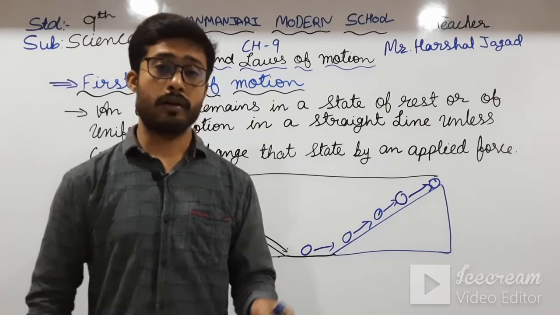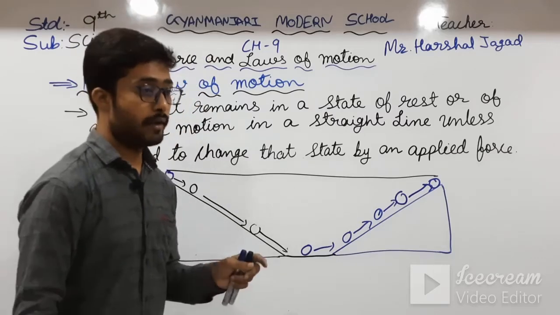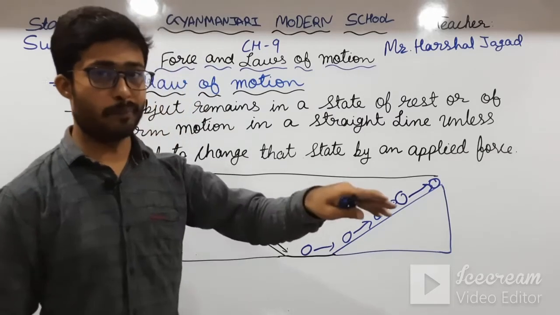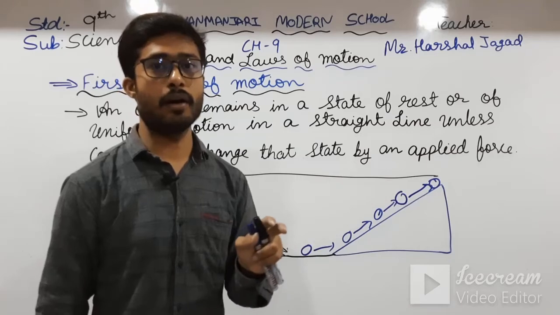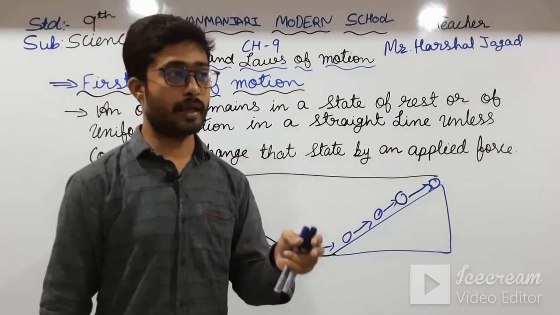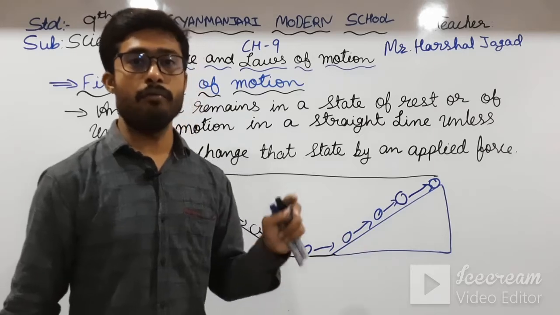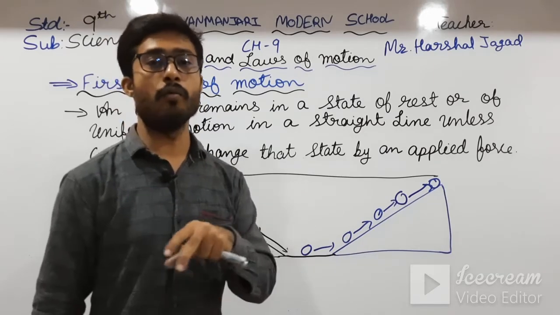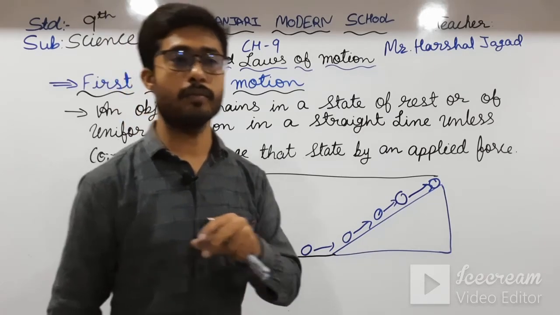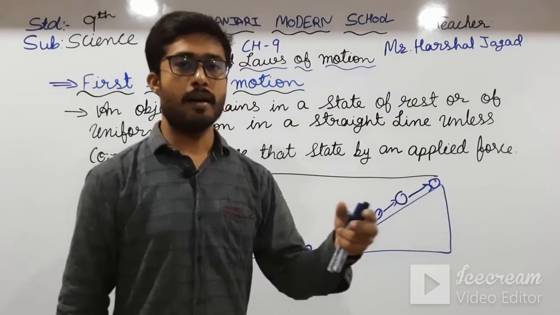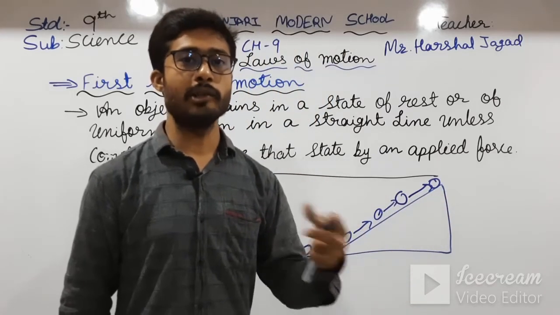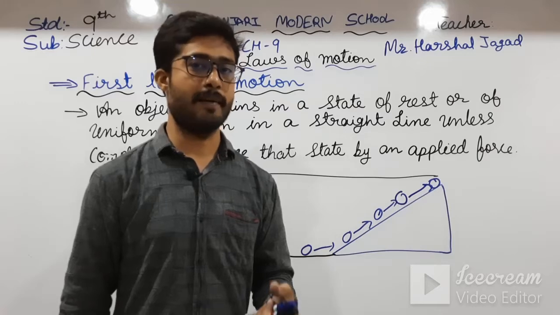Next, in the car, if there is a bump ahead and the driver after some time knows that there is a bump and applies brake, then what will happen? We who are sitting in the car will just come forward. Why? Due to the inertia.